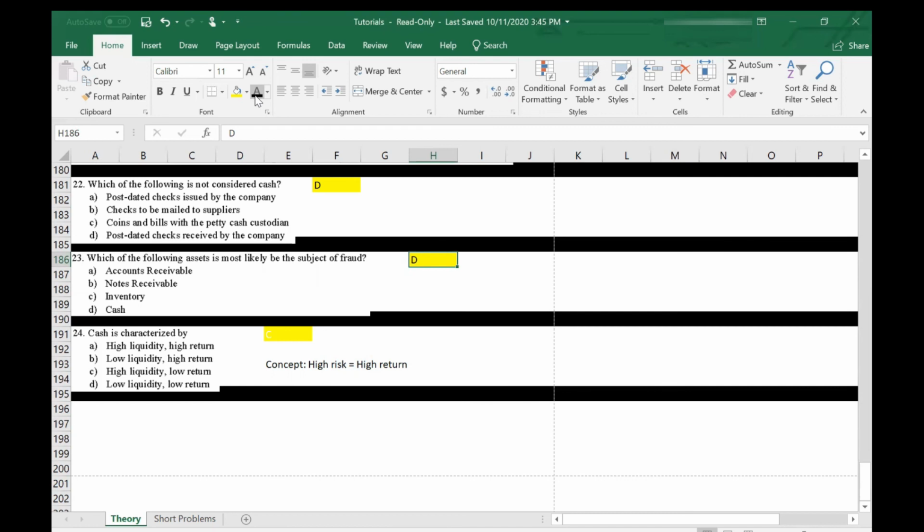And if it's low risk, then low return. So the correct answer here is high liquidity, low return, letter C. Cash is highly liquid but low return. Highly liquid means low risk and low risk means low return. When liquidity is low, usually it's high risk, and if it's high risk, high return.